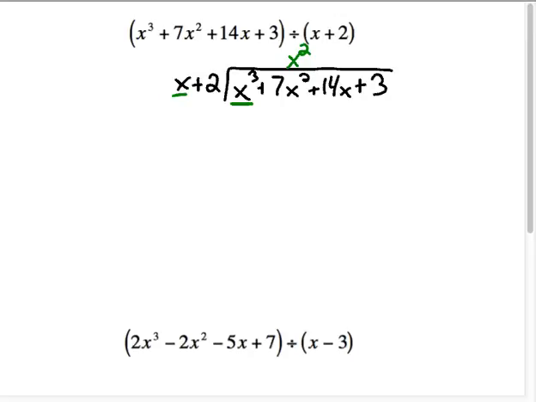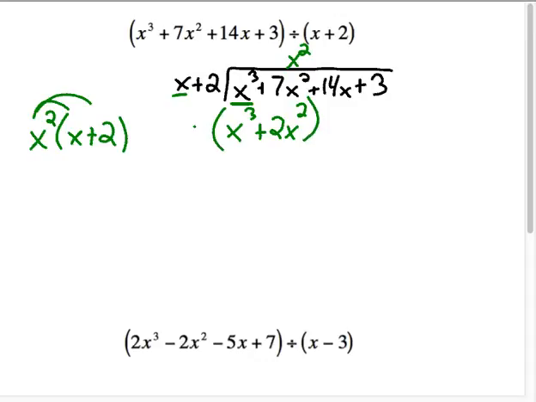All right? So once you figure out what you multiplied by, now it's time to figure out what you've got. So we have x cubed, and we need to multiply that into the x plus 2. So let's distribute that to see what we have. What we have is an x cubed plus 2x squared. All right, so once we see what we've got, now let's see what we have left.